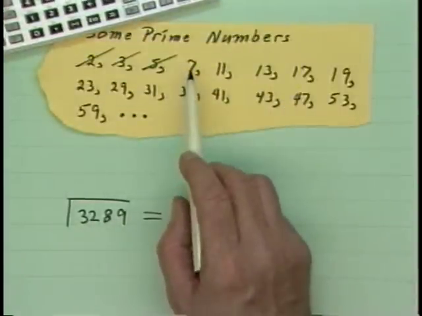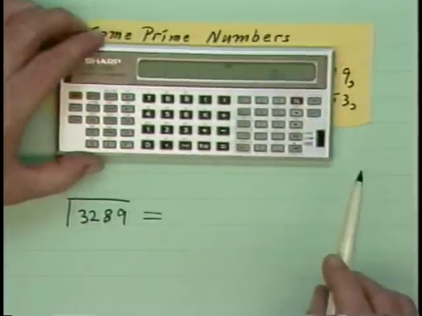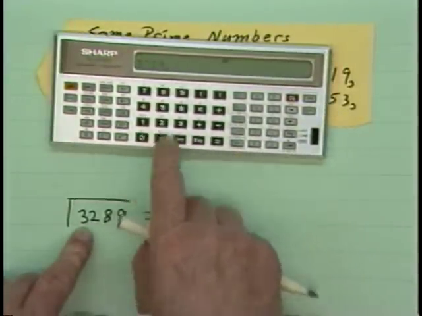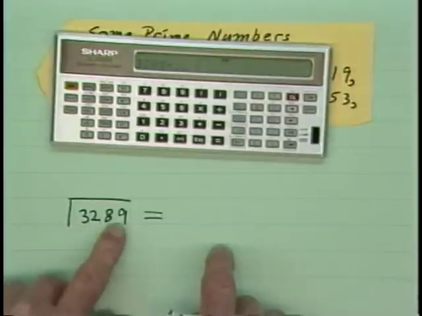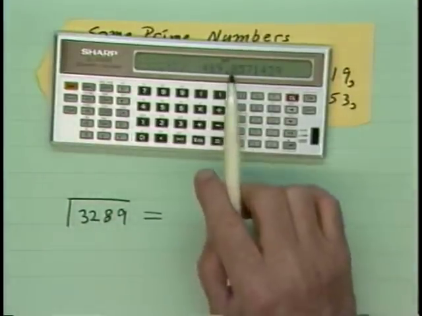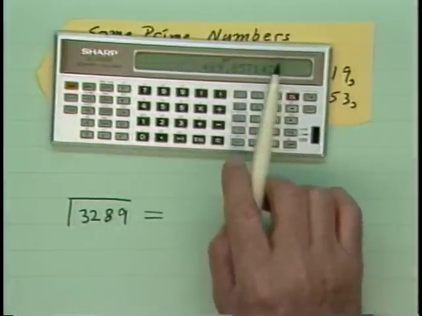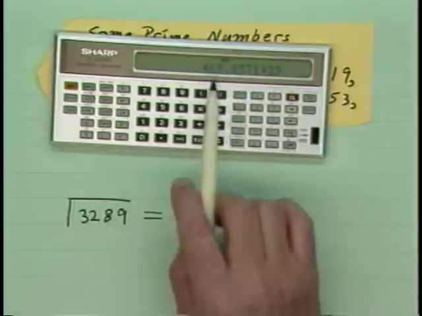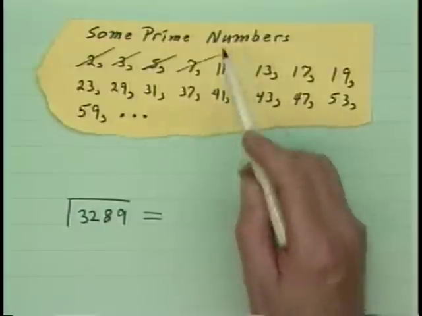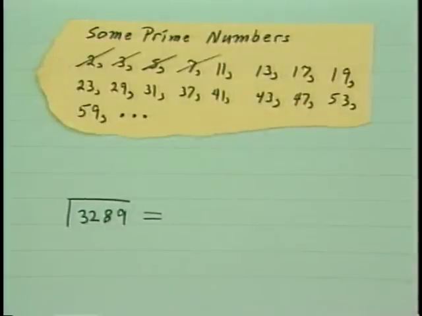So the next prime number to try is 7. So we wish to see if 3289 is divisible by 7. And whenever we get a decimal after our division, that means that the divisor did not go in evenly, which is what we're looking for. So that rules that out.